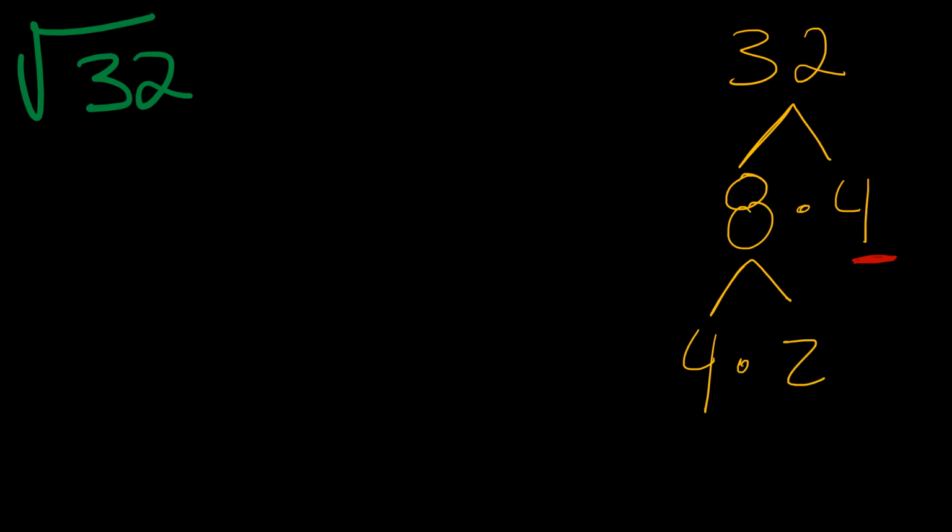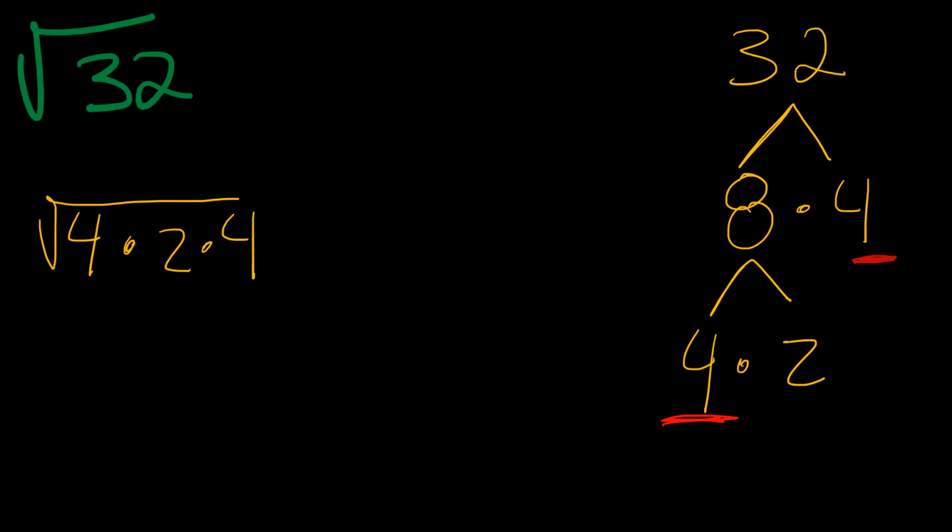Awesome. So now I have two perfect squares, right? So when I rewrite 32, I can first rewrite it as this. The square root of 32, I can rewrite it as 4 times 2 times 4, right?